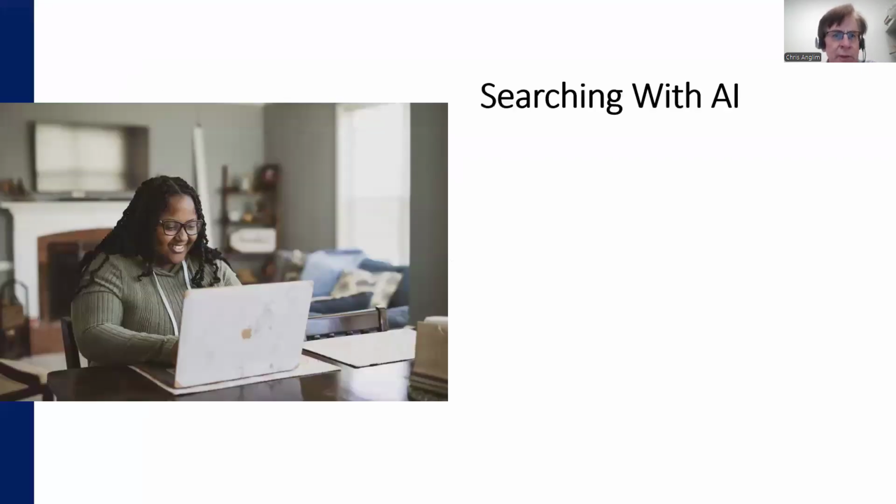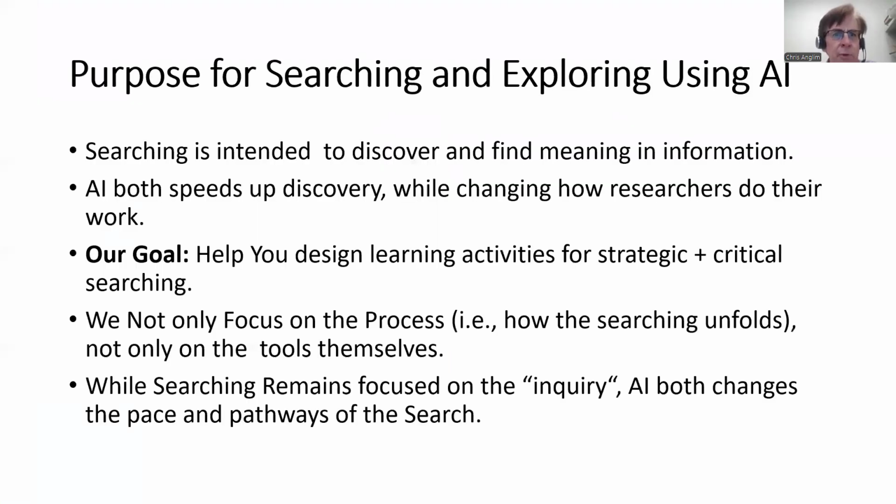So in searching with AI, our purpose for searching with and exploring using AI is that searching is intended to discover and find meaning in information. AI speeds up discovery while changing how researchers do their work. Our goal is to help you design learning activities for these realities, combining both strategic and critical searching.